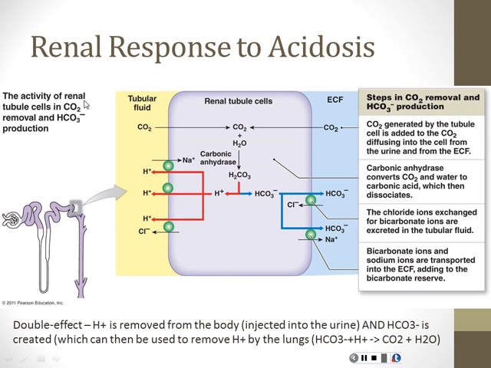And your new textbook doesn't talk very much about buffers in the urine, but just like there are buffers in the blood, there are buffers in the urine too. So all of these H pluses that are getting pushed out here, they then get held onto by buffers that are present now in the urine so that they go all the way out. So that phosphate buffer that we talked about is one of those that happens out here. So the H pluses get pushed into the tubular fluid by a variety of mechanisms there.